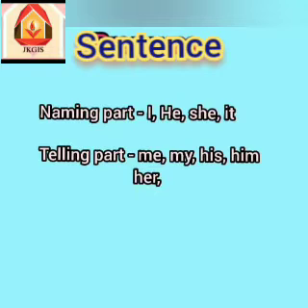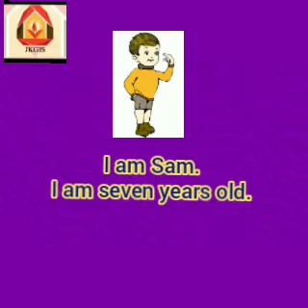Let us understand this with an example. Friends, here we can see one picture of a boy. This boy is telling us about himself. Let's read what he is saying. I am Sam. I am 7 years old.